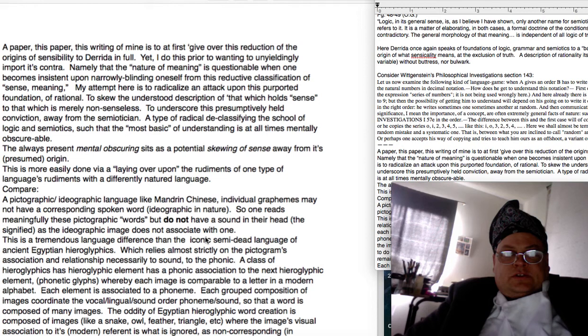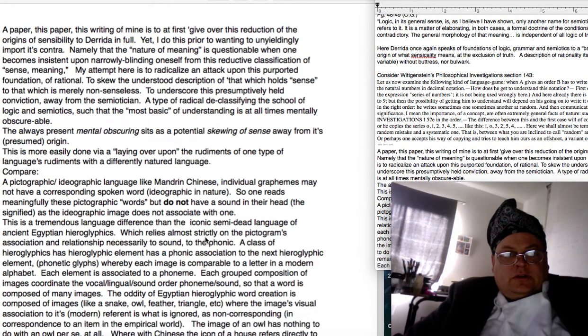My attempt here is to radicalize an attack upon this purported foundation of rationale, to skew the understood description of that which holds sense to that which is merely non-senseless, to underscore this presumptively held conviction away from the semiotician, a type of radical declassifying of the school of logic and semiotics, such that the most basic of understanding is at all times mentally obscurable.